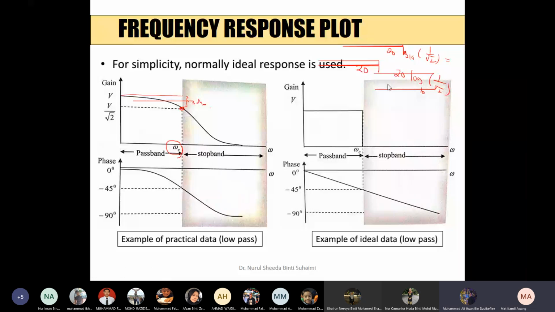Yes. Basically, it's a drop of 3 dB. So that's why I say it's a 3 dB drop, because it's negative 3.01 decibel. From V to V over square root 2 is about 3 dB.